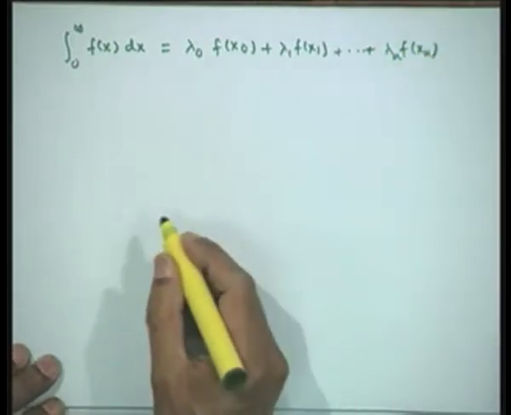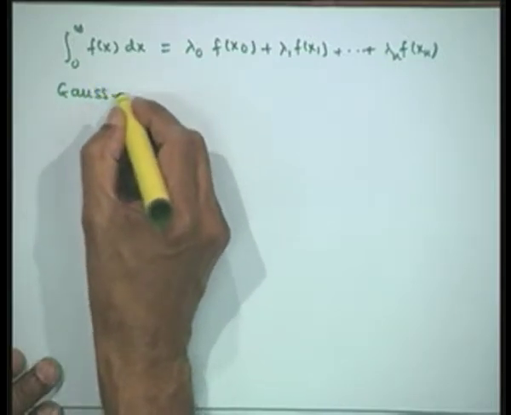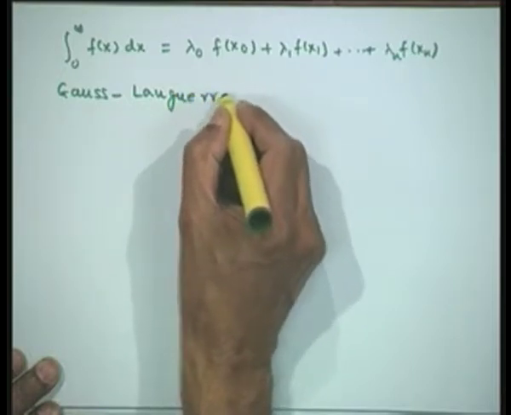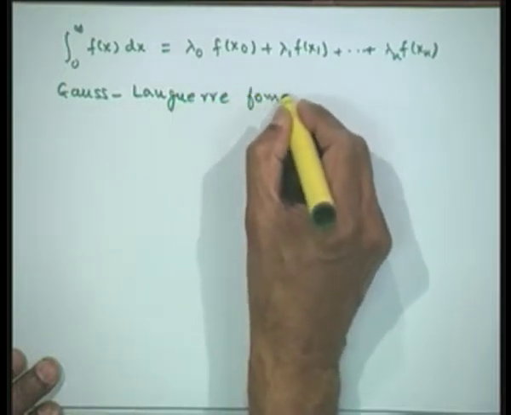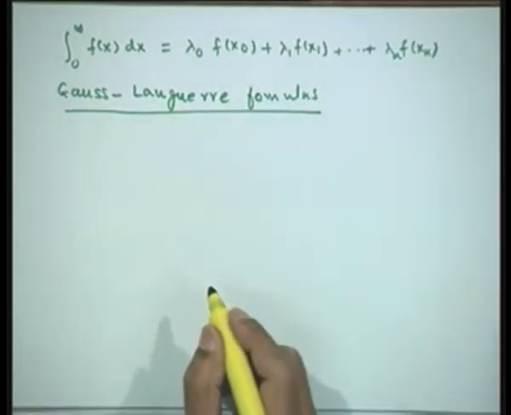The formulas that we derived we call the Gauss-Lagrange quadrature rules, and these formulas depend on the Lagrange orthogonal polynomials.